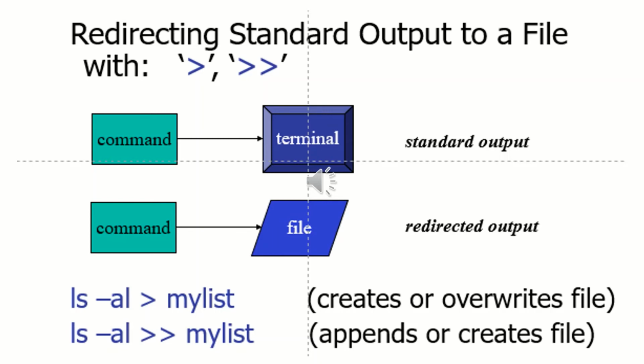For example, ls -al greater than mylist creates or overwrites the existing file mylist. ls -al with two greater than symbols and a file name appends to the file or creates it. The first one creates or overwrites, the second one appends the new content. This is redirection of standard output to a file with a single or double greater than symbol.